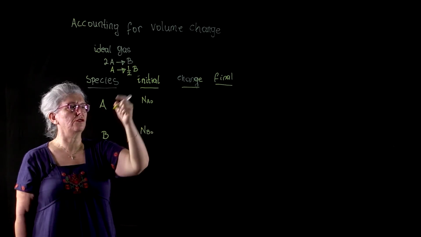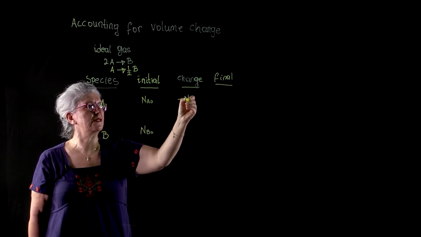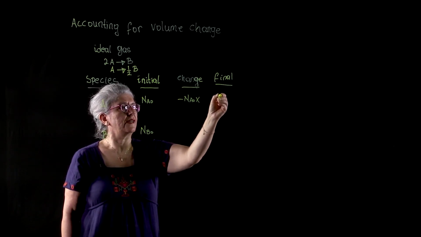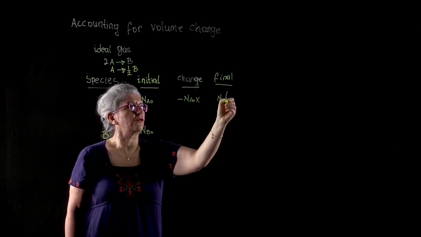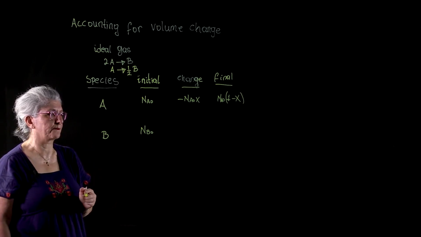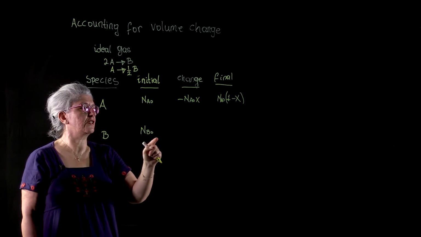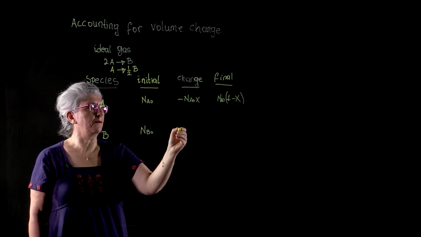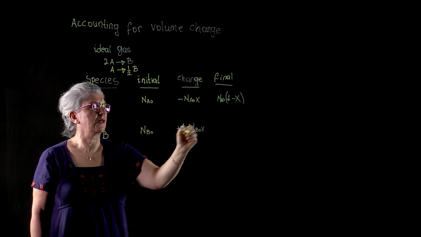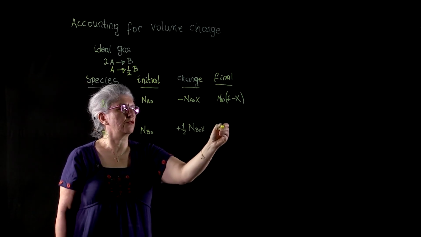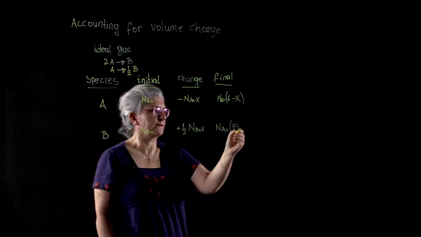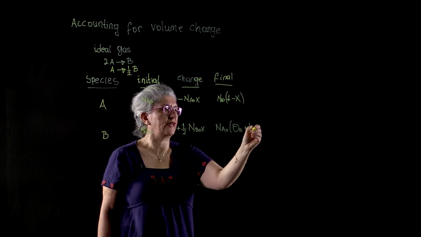The change that occurred during the reaction is going to be minus N_A0 X. And in the final situation, we are going to have N_A0 (1 minus X) moles of A. As far as B is concerned, the change in B is going to be plus 1/2 N_A0 X, and the final amount is N_A0 times (theta_B plus 1/2 X).